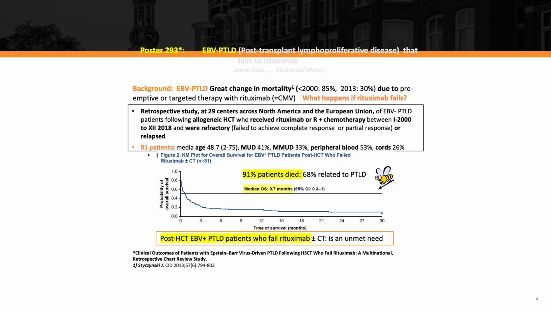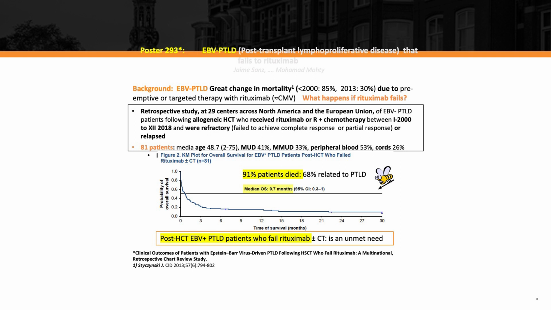The background is that EBV PTLD is a complication with great mortality that nevertheless has decreased over time. Before 2000, it was 85%, and after 2013 it was 30%. This was due to preemptive or targeted therapy with rituximab, which is quite similar to our management of CMV.